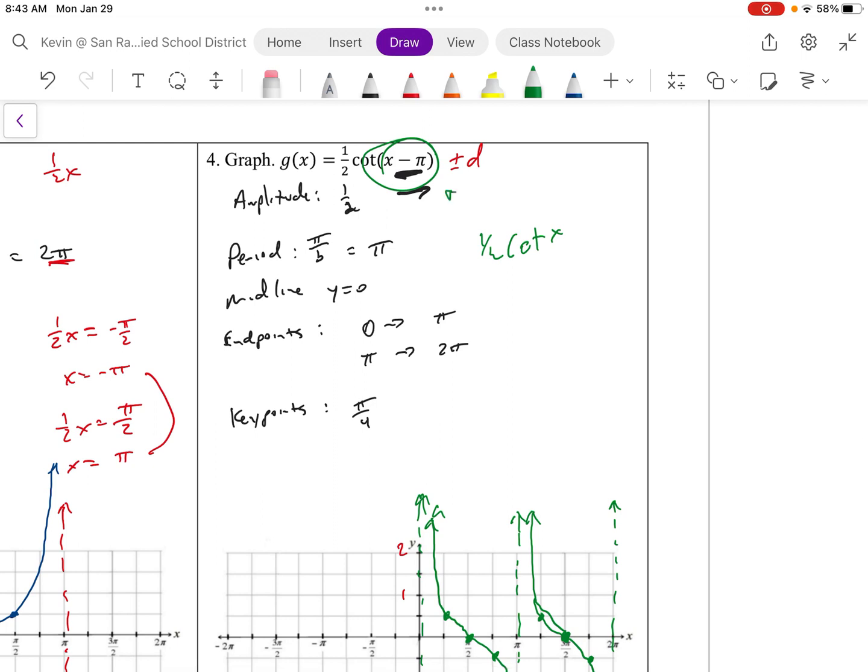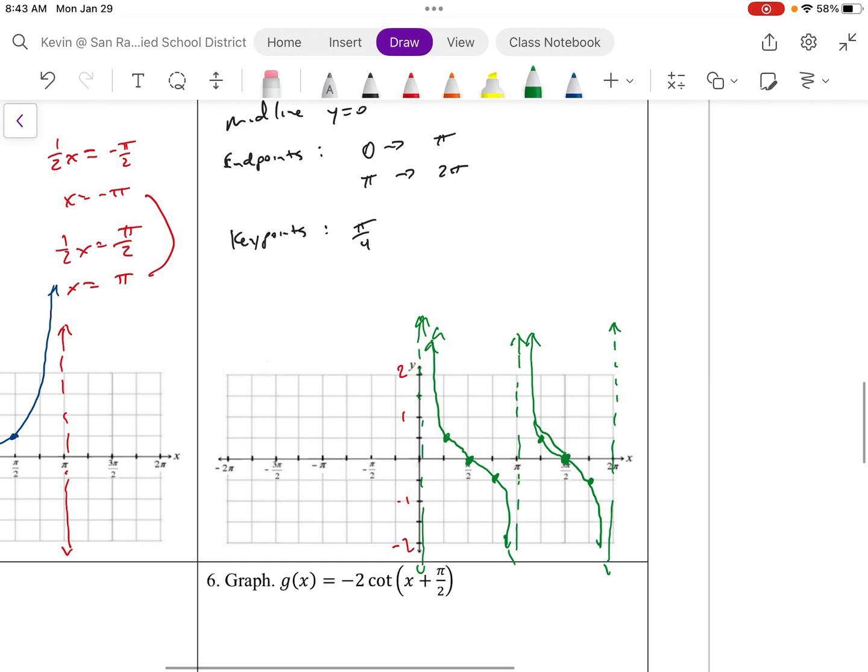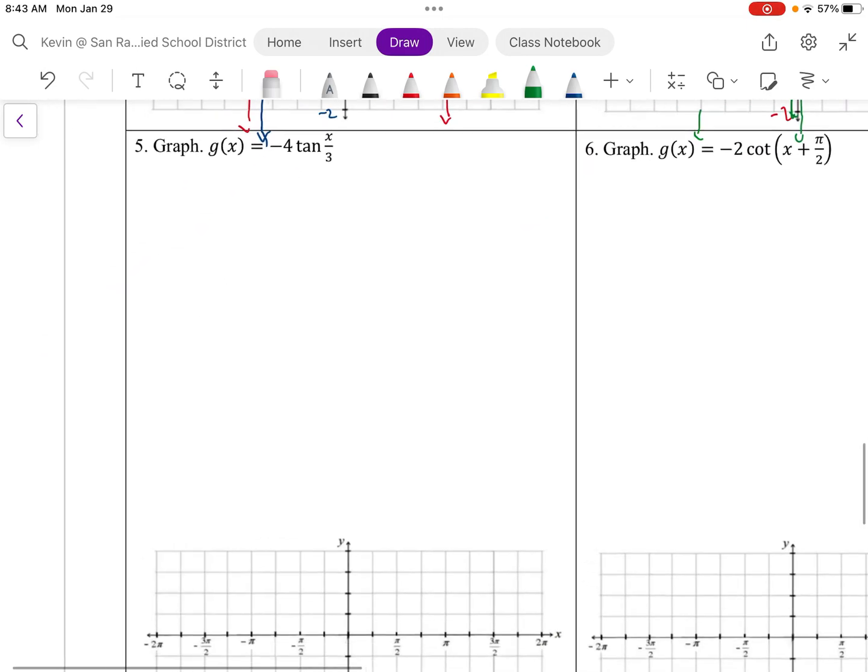Which is still part of the solution to this. So these are basically the exact same function, all right? Because when you draw them out, it's just going to keep going. Same period. The only thing is our amplitude is 1/2, but as far as the positioning, that's all the same. Okay.